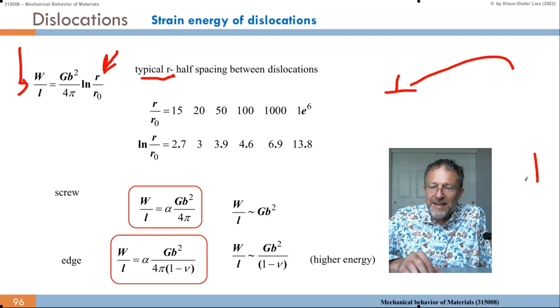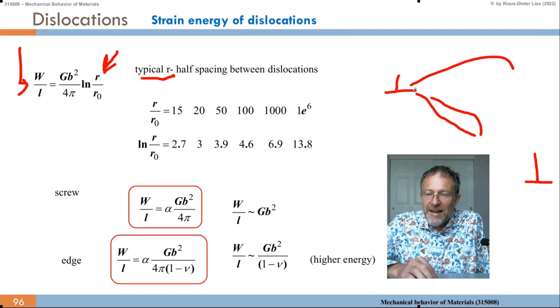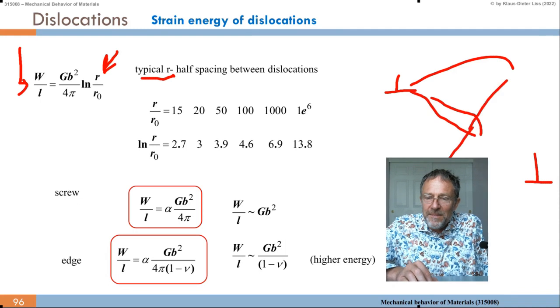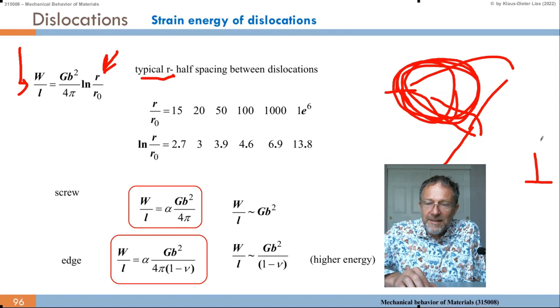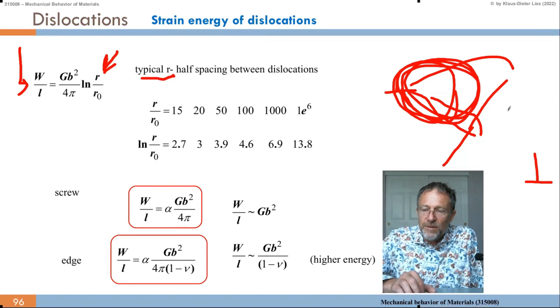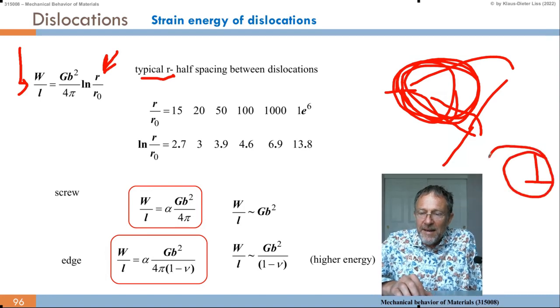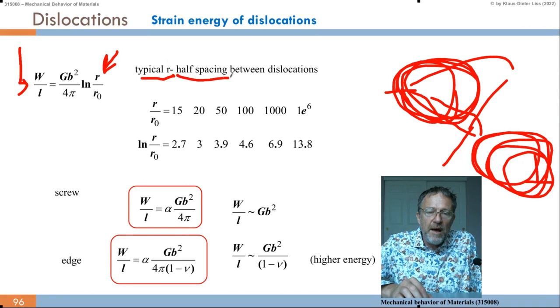Well, if I have another dislocation here, then I say, okay, until half this area, I concentrate on this dislocation, and then it becomes smaller as I go to the second dislocation, and here that second dislocation becomes dominant. So I say that for the typical R, I put a half space between dislocations.